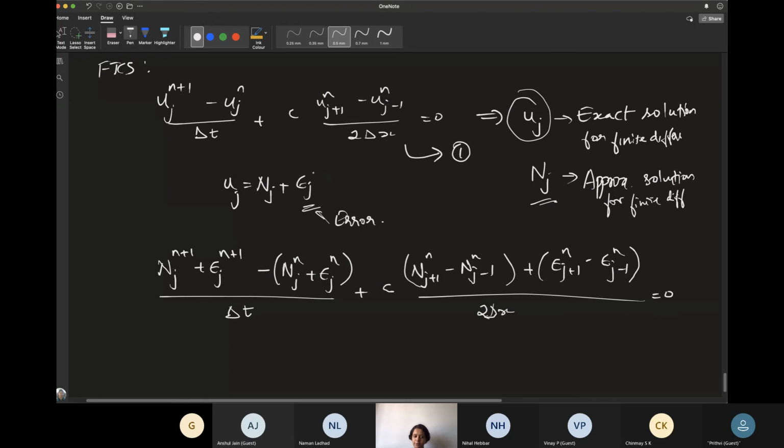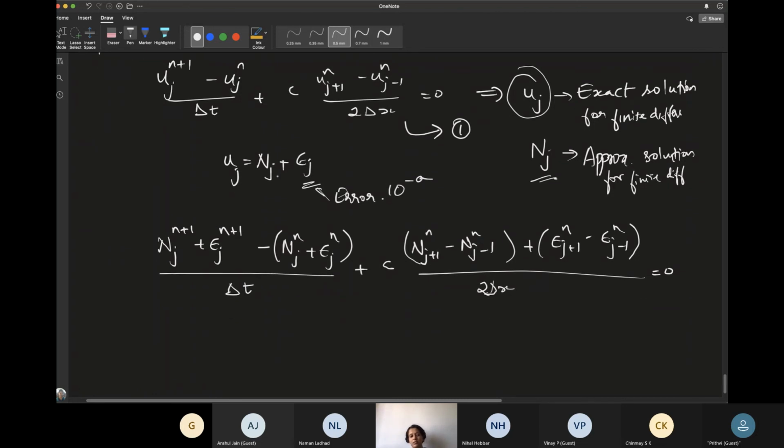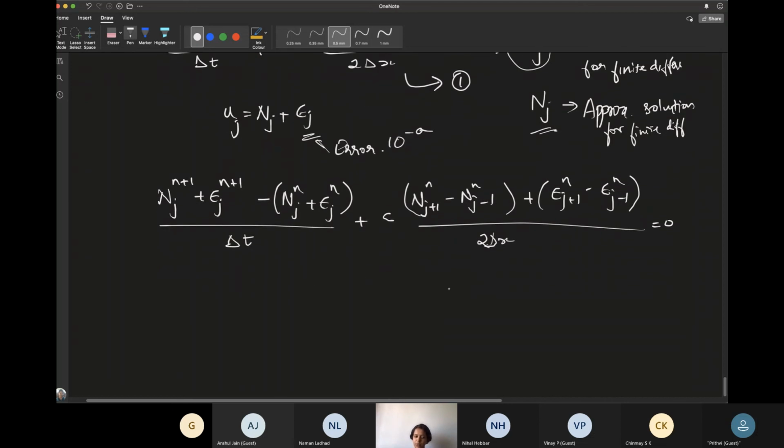So let's say the order for epsilon j is some 10 power minus a, and from this equation let's just take those terms separately.